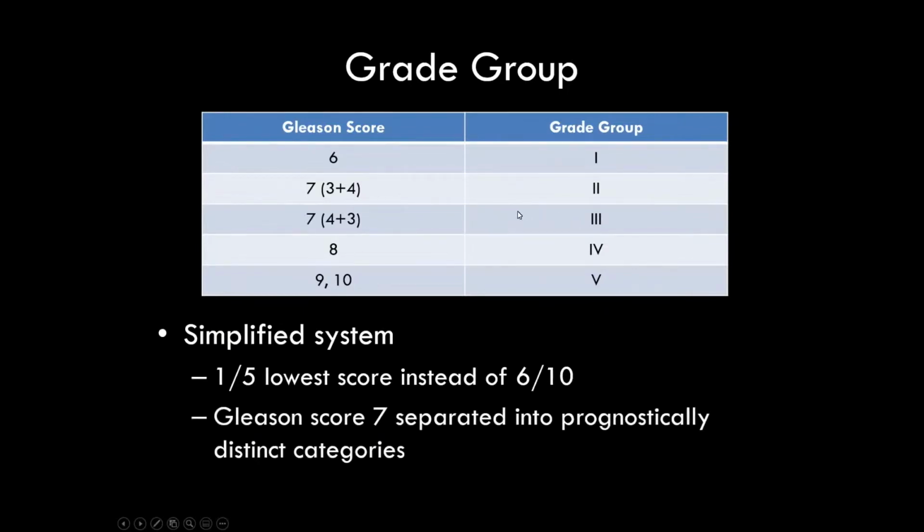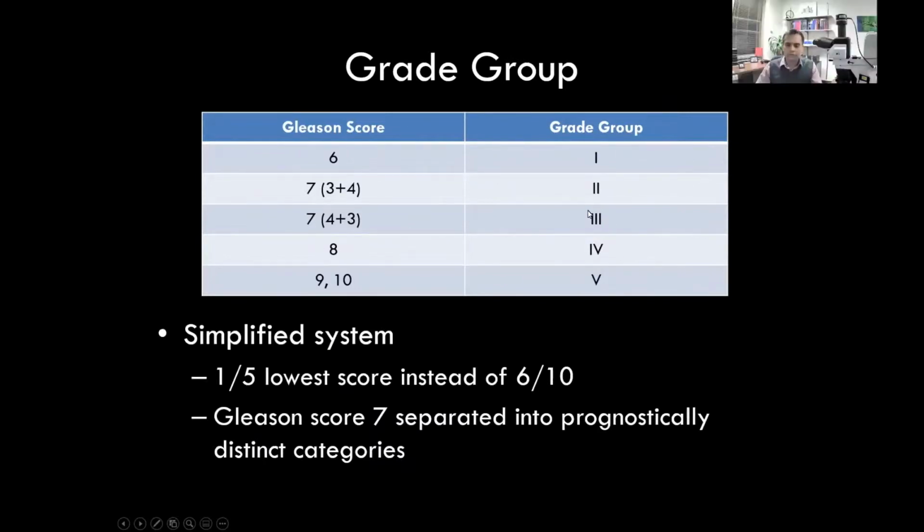And also another important way it helps is it substratifies the Gleason score 7 into grade group 2 and grade group 3, depending on which is the primary score. If the primary score is 4, then it becomes a grade group 3.